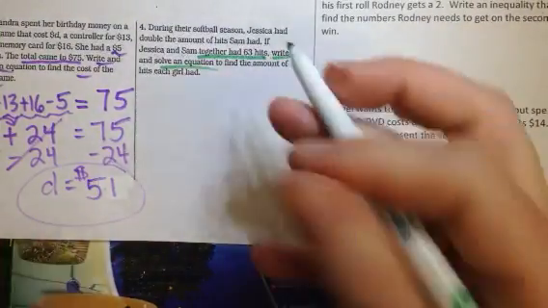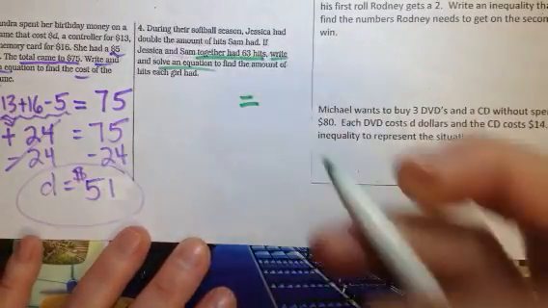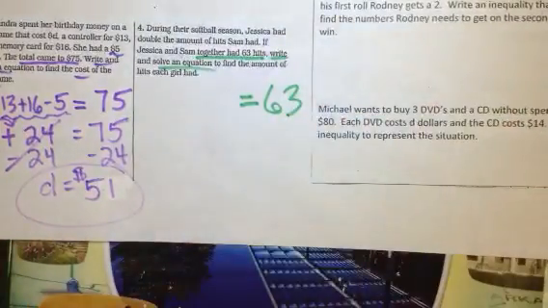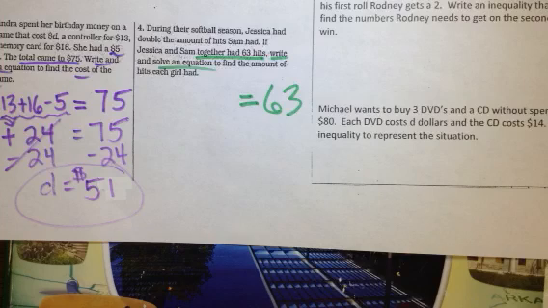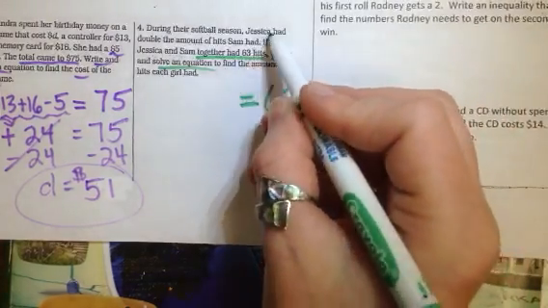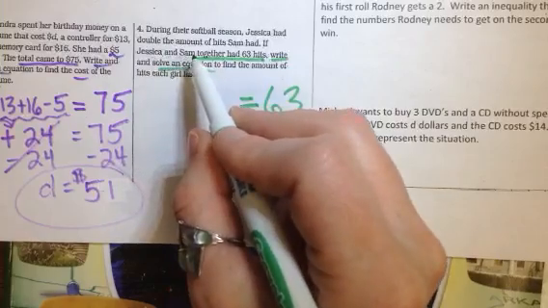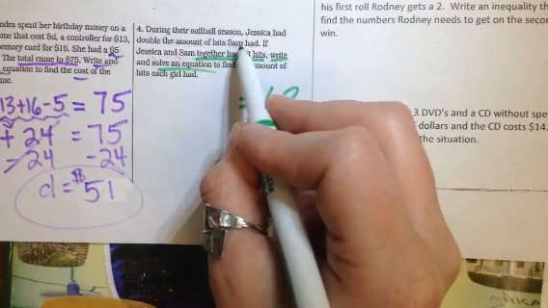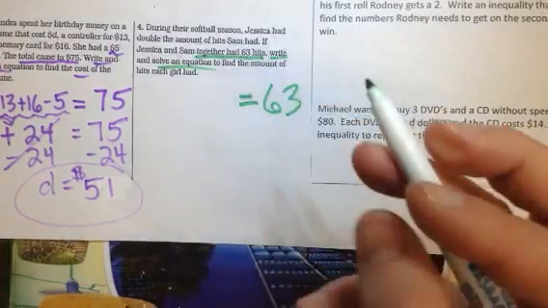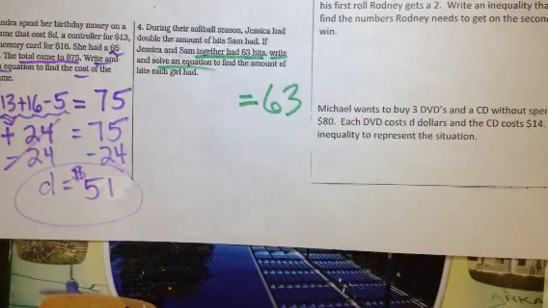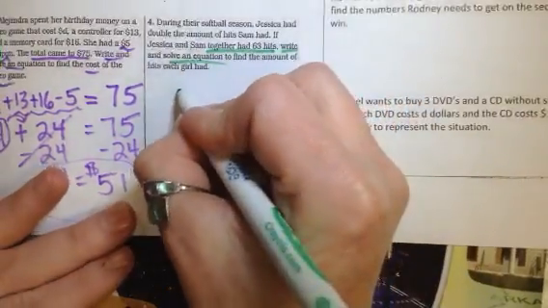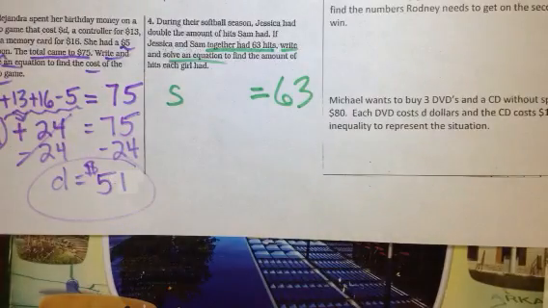So if you don't know where to start for writing an equation, find a total. On the other side, sometimes if they did not assign variables for things, you can pick which letter you want to use. Jessica had double the amount of hits that Sam had. Since I don't know how much Sam had, S is going to represent her.